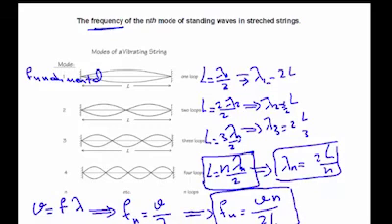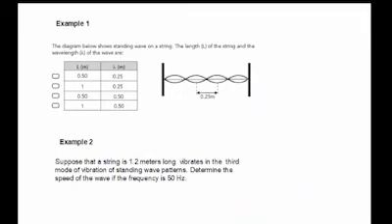Okay, now let's do some examples. Here in this diagram, we have a standing wave on a string. We have to calculate the length of the string L and the wavelength of the wave. I think first we have to calculate lambda.